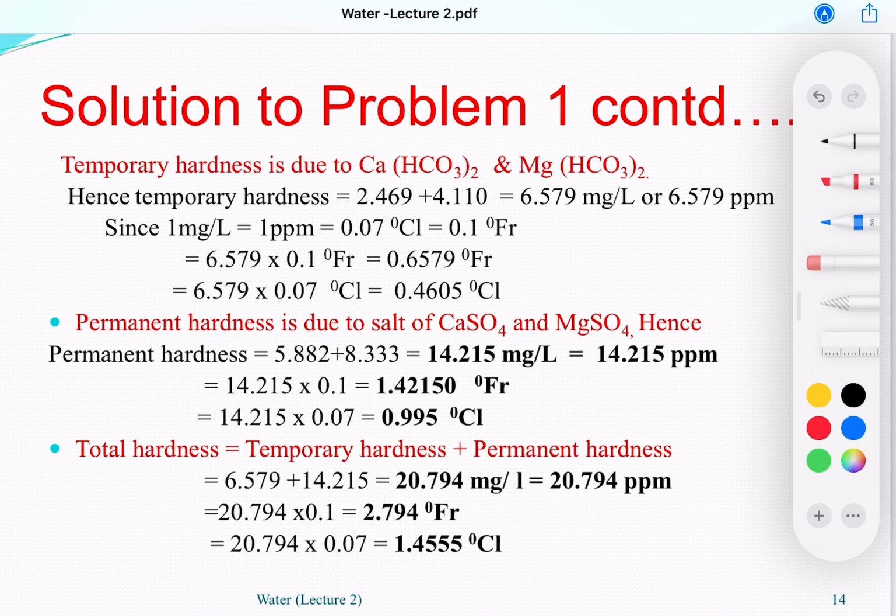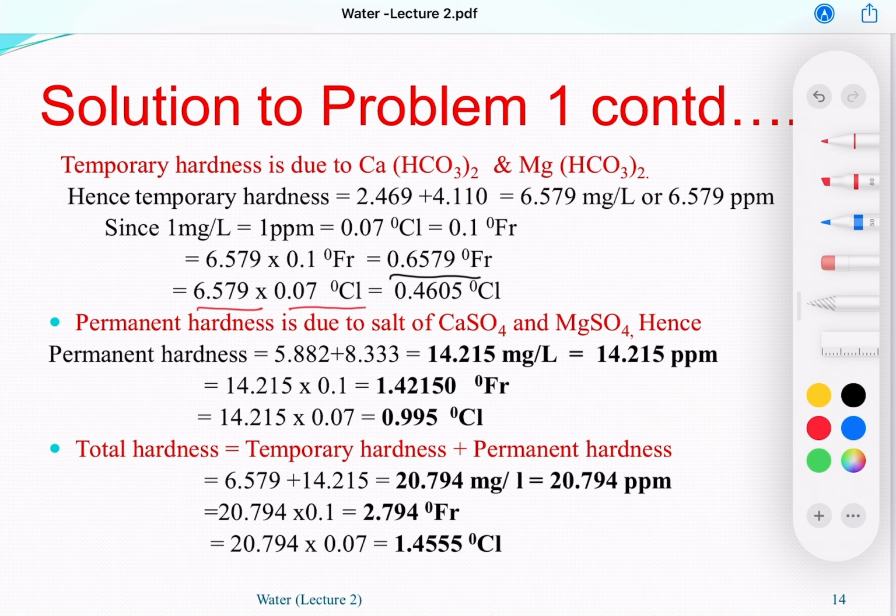So you have converted it into degree French, right? Now if you have to convert it into degree Clark, you multiply this with 0.07, and you will get it in degree Clark. So this is how you can convert these into different units.